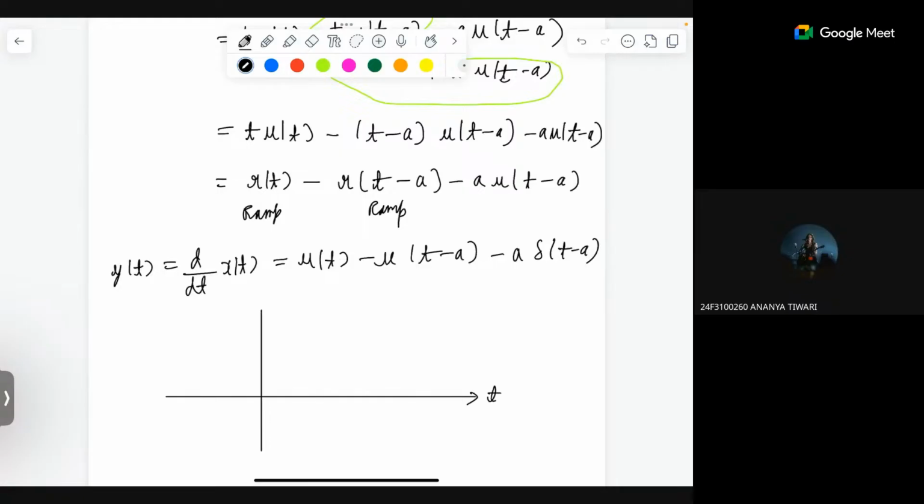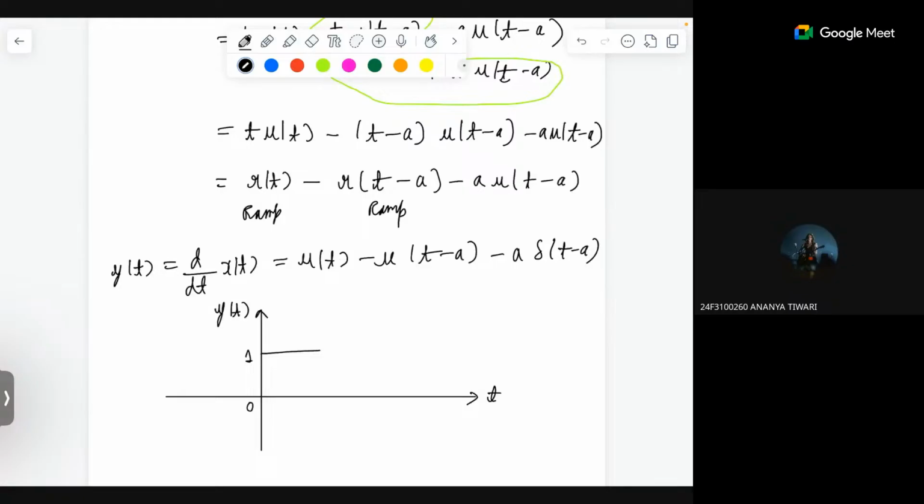Ananya, will you tell me what will be the plot for these terms that I've highlighted with green? First, it will be 1 from 0 starting. Then it would be negative 1, and that point would be a. Yes, so when I sketch u of t minus u of t minus a, u of t starts from 1.